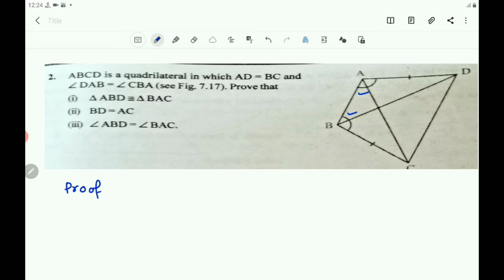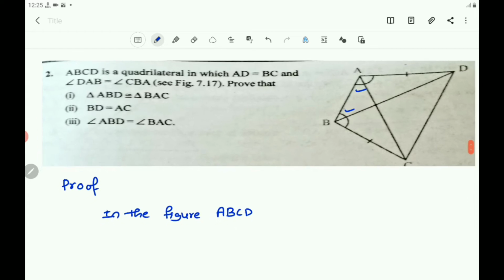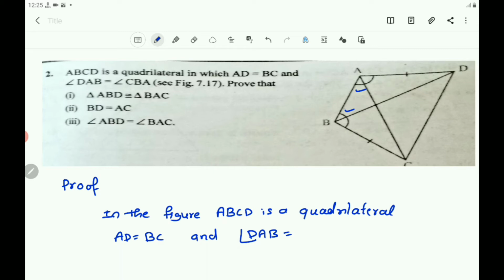Proof. So what is given here? In the figure, ABCD is a quadrilateral. AD is equal to BC and angle DAB is equal to angle CBA.